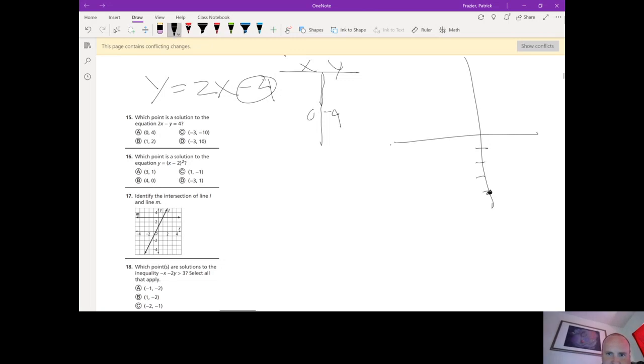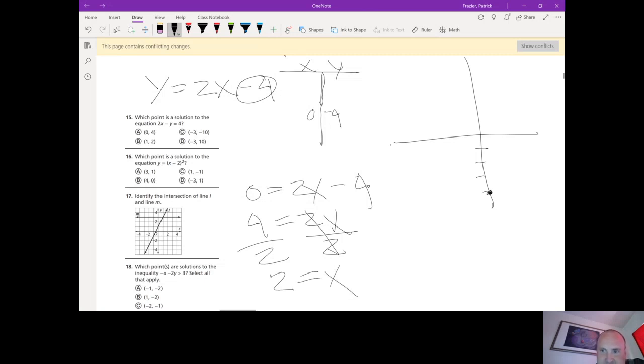Then the x-intercept is when we substitute 0 for y. So if I have 0 equals 2x minus 4, add 4 to both sides, you have 4 equals 2x, divide both sides by 2, and you end up with 2 equals x.